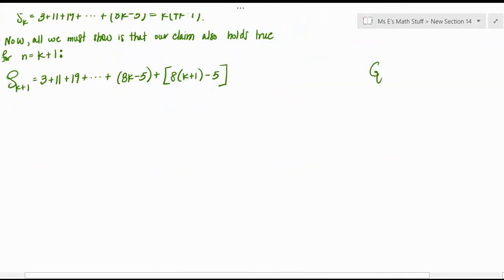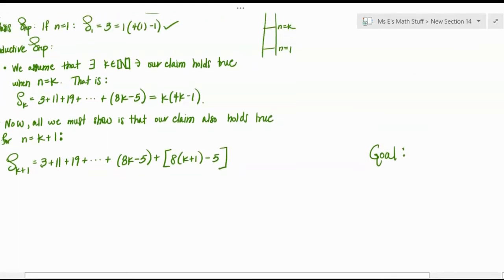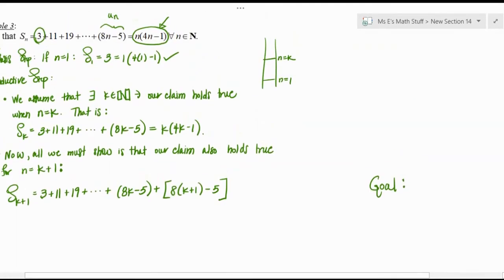Now, what is our goal? And this is a scratch work thing. This is for you to know kind of what you're aiming for. Our goal is to show that all this term by term stuff that I have right here, I could get that to simplify down to be this equation side up here, just where n is equal to k plus 1. So let's replace all the n's with k plus 1's up here.